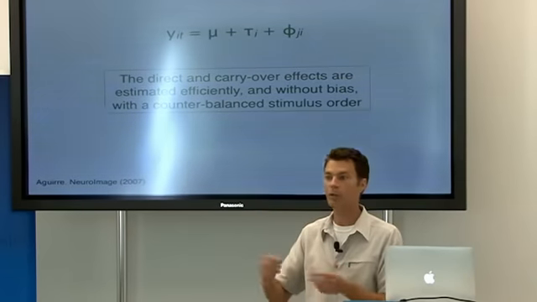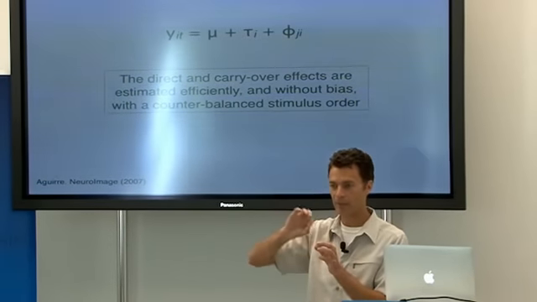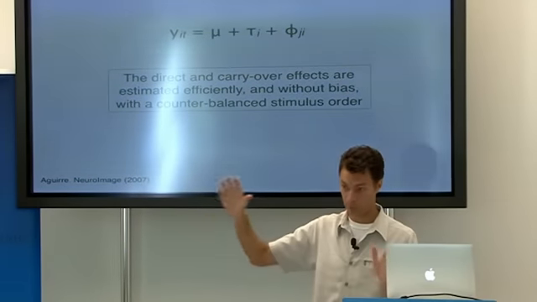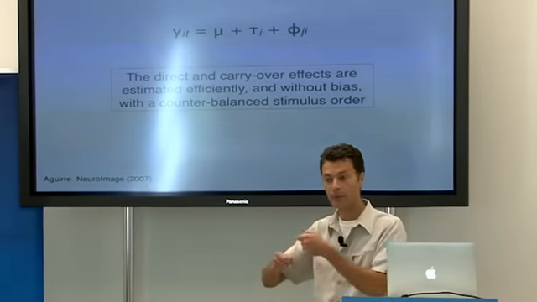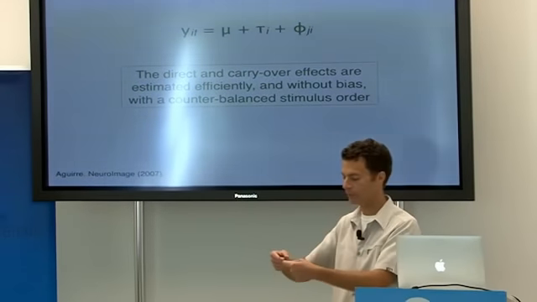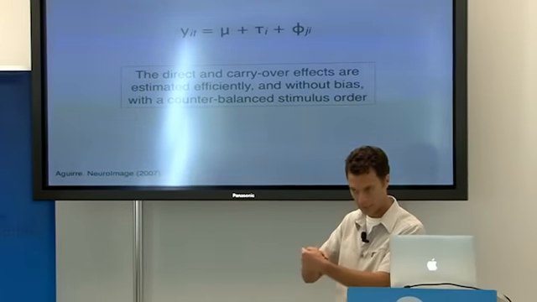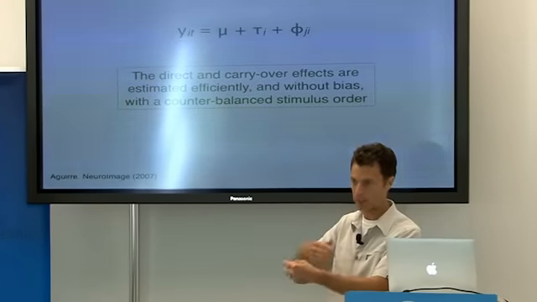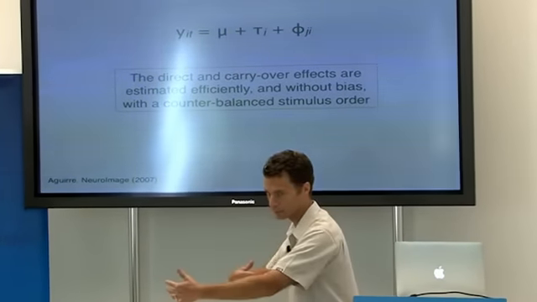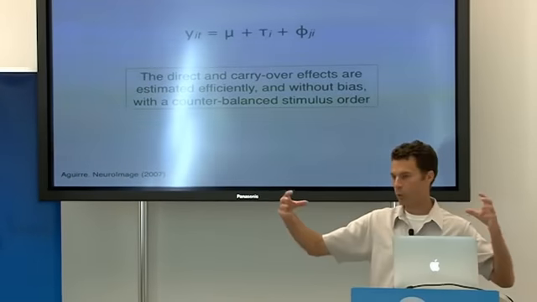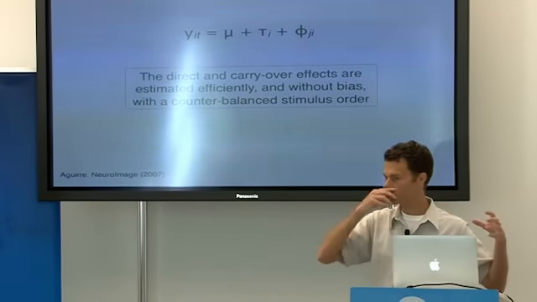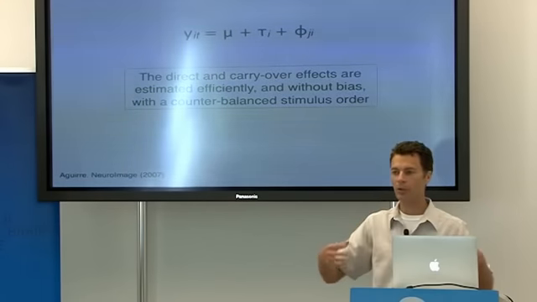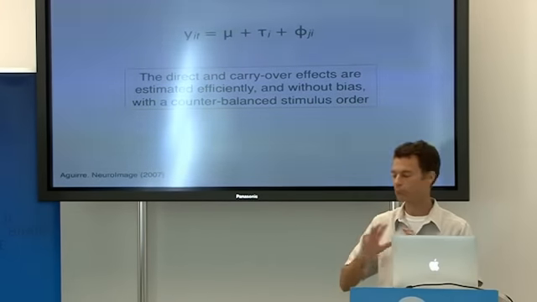So you could never know what was the effect of the stimulus and what was the effect of the carryover if the stimuli always increased in order, for example. So you need to be able to have all combinations of having the quiet stimulus before the loud stimulus and the loud stimulus before the quiet one, and all possible orderings. So an ordering of stimuli that provides that kind of balance of the history is called a counterbalanced stimulus.